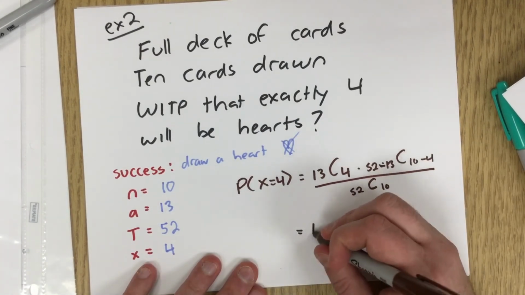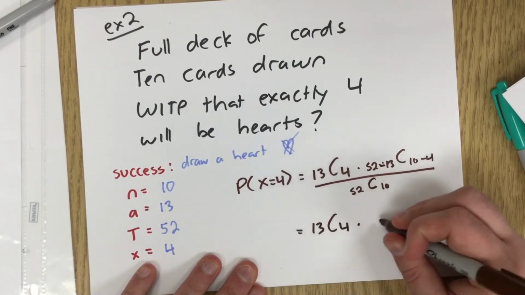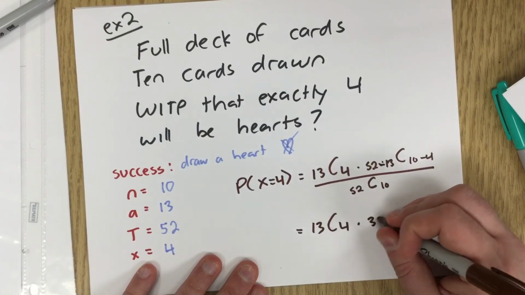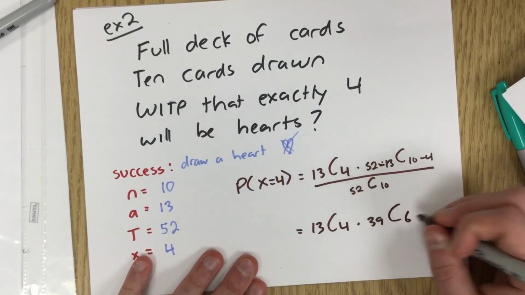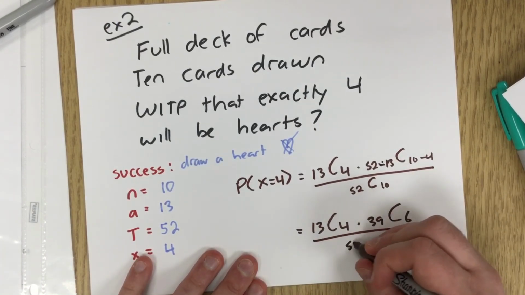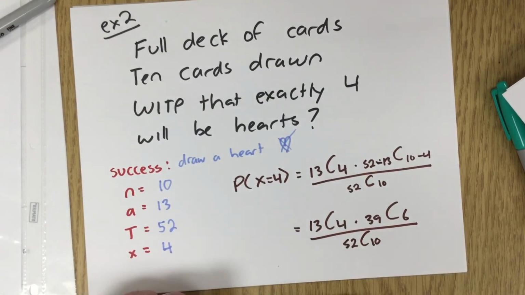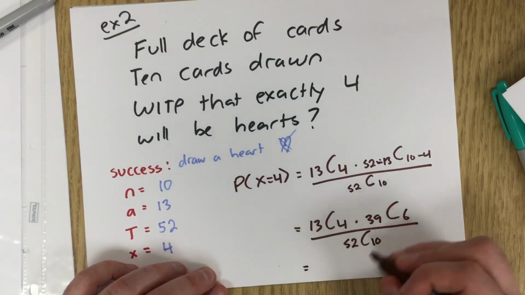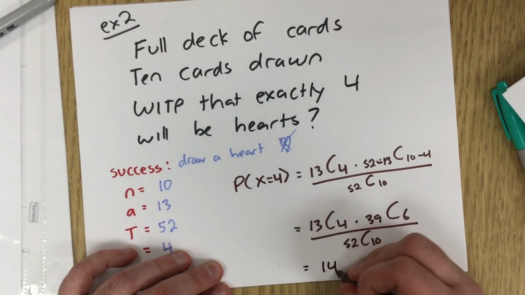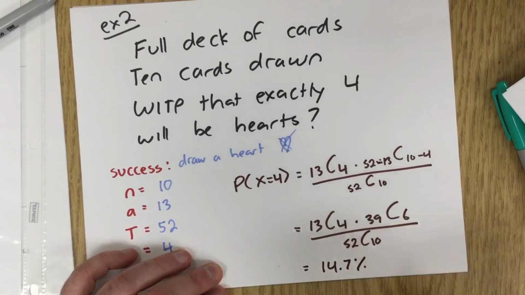Or to put it another way, 13 choose 4 times 39 choose 6 all divided by 52 choose 10. Which I think works out to, I calculated this before, 14.7%.